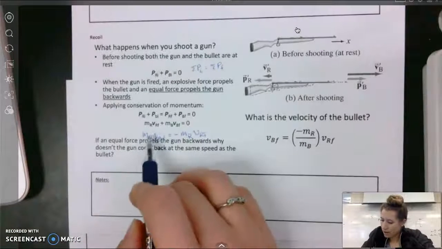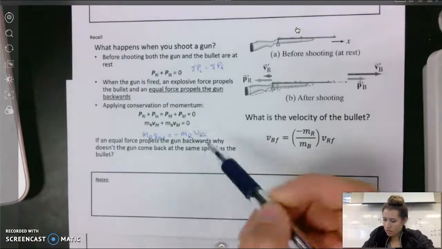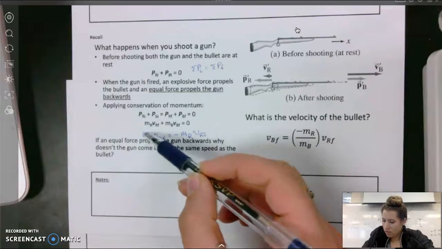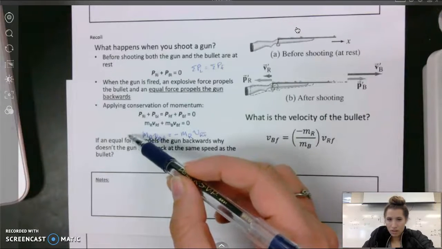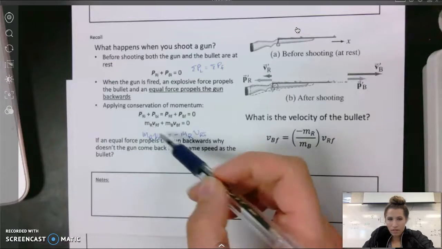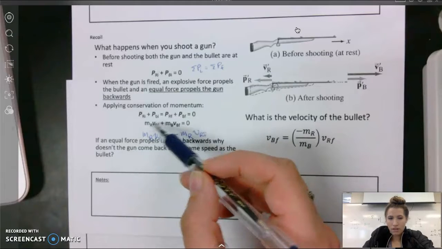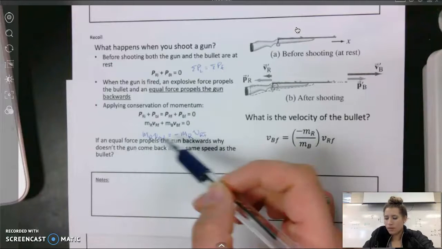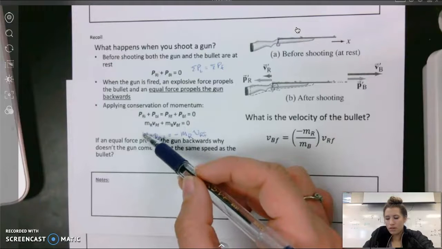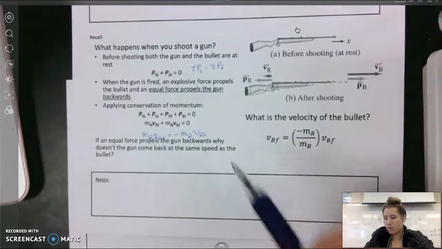Okay, so we have the mass of the bullet, velocity of the bullet, and then we took the mass of the rifle and velocity of the rifle and we subtracted that to the other side, and we're trying to solve for that velocity of the bullet. So I'm going to divide by the mass of the bullet.